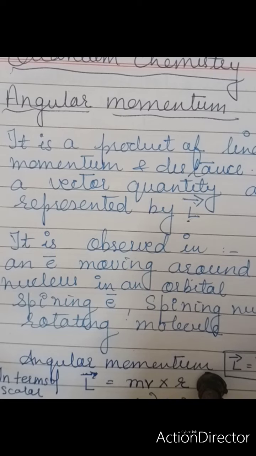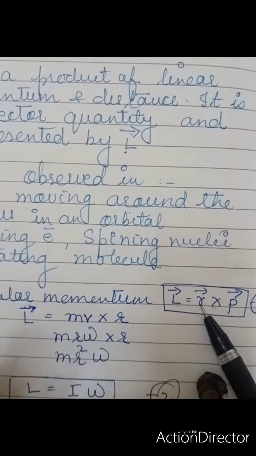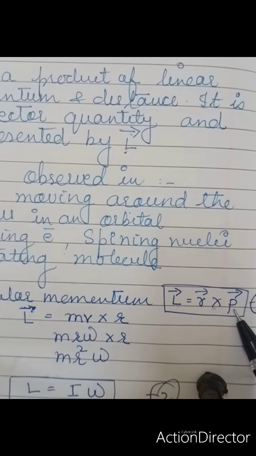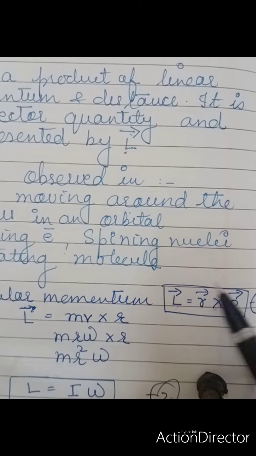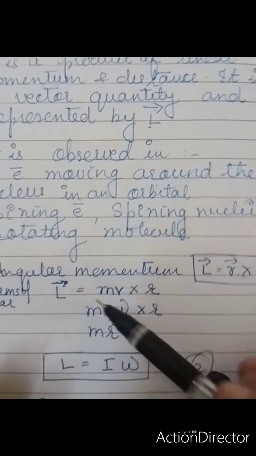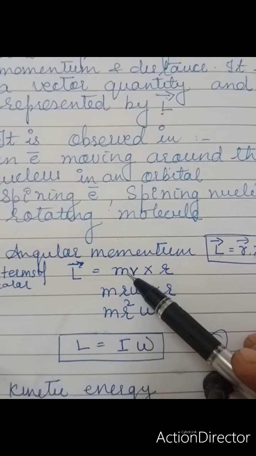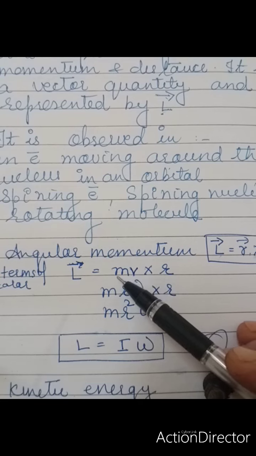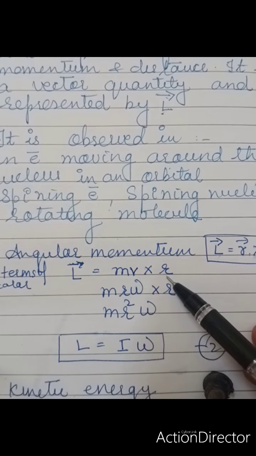So in terms of vector quantity, angular momentum will be the distance into linear momentum. So it is a product of linear momentum and distance. In terms of scalar product, you can write it as momentum, that will be mass into velocity, and distance if it is represented by r.